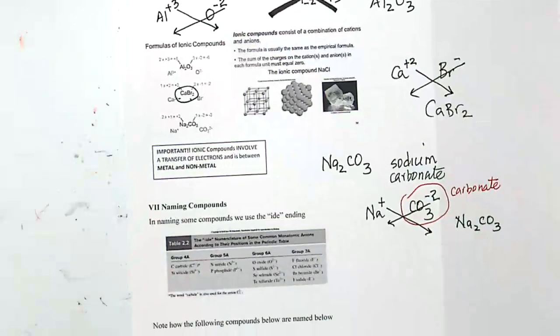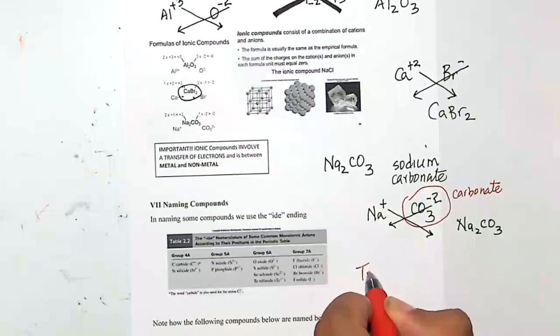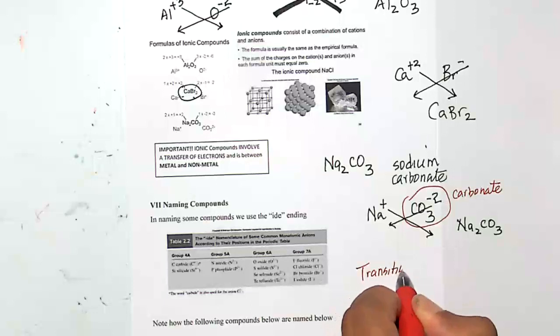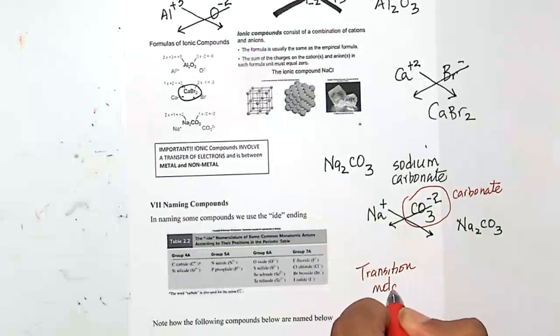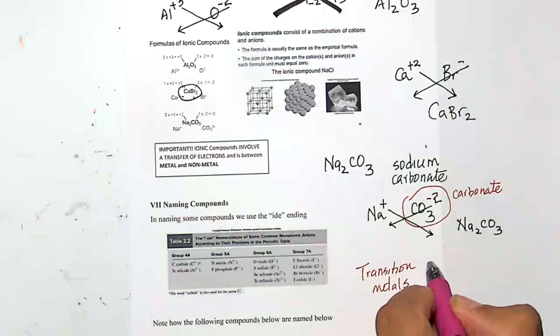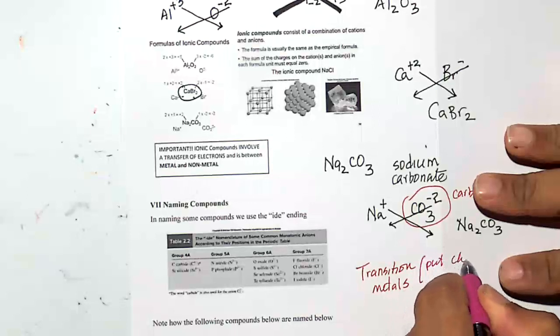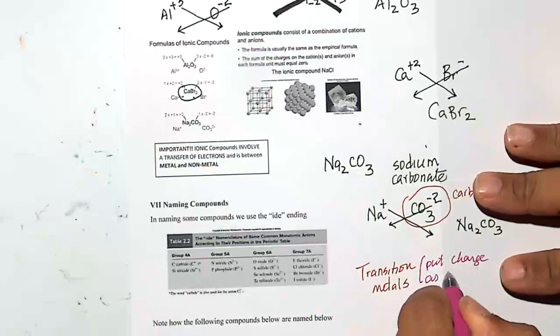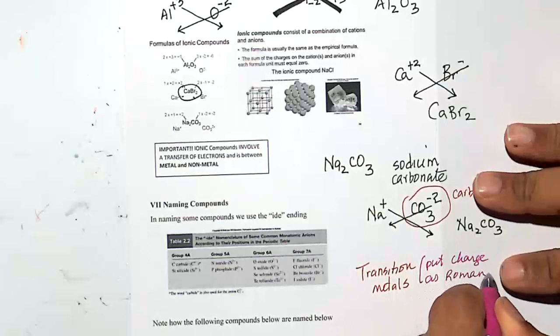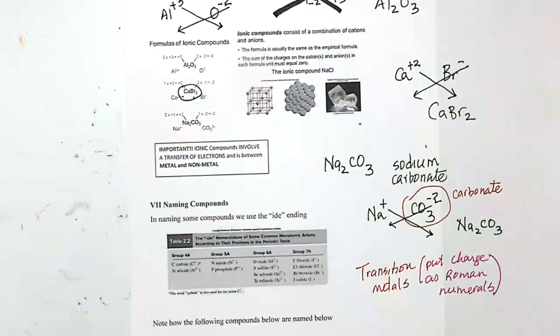All right, let's name some compounds here. For transition metals, what will we need to do? Anything that you remember from transition metals? We're going to put the charge as Roman numerals.